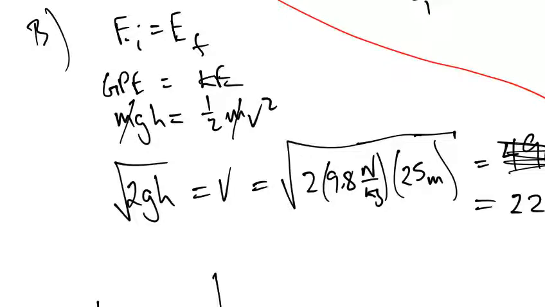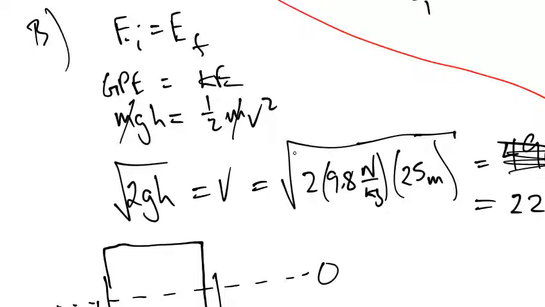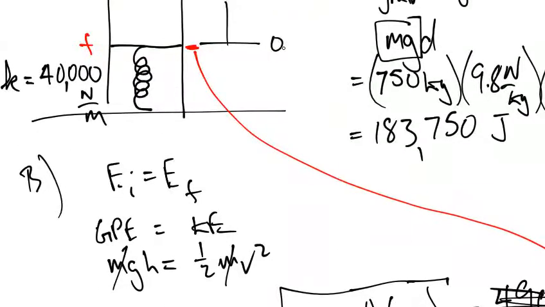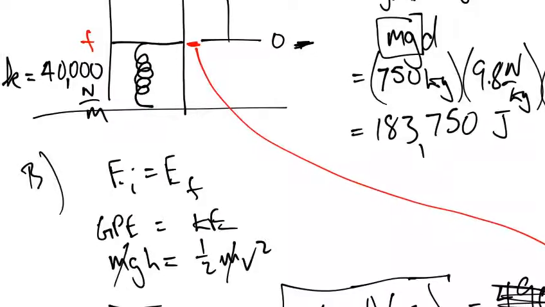Now this is the spring compressed, so here is the elevator against it, and this is where the spring used to be, but it's compressed now. Therefore this used to be zero here, but you see it's squished.